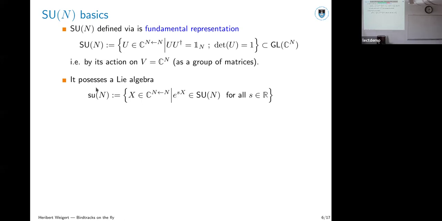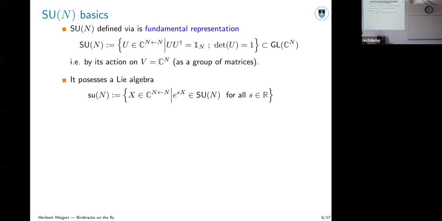This is GL(N,C), that has a couple of additional constraints imposed, namely that its elements be unitary and have determinant +1. So the group is really defined by its action on C^N as a matrix group in this case.